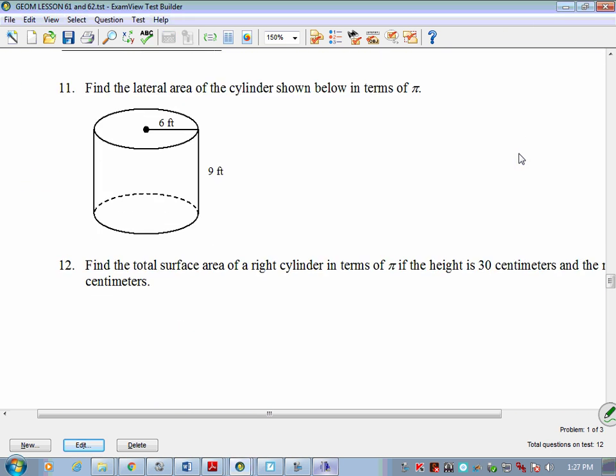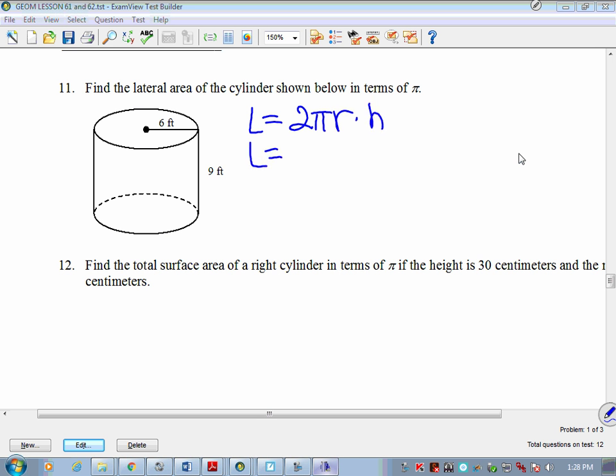11 and 12 should be our last couple of questions. Find the lateral area of the cylinder shown below in terms of pi. Lateral area equals 2 pi r, the circumference, times height.